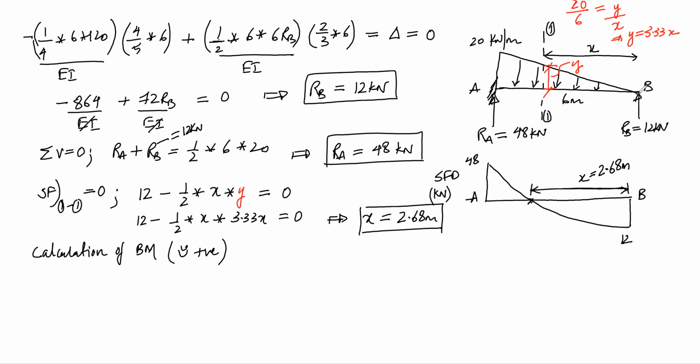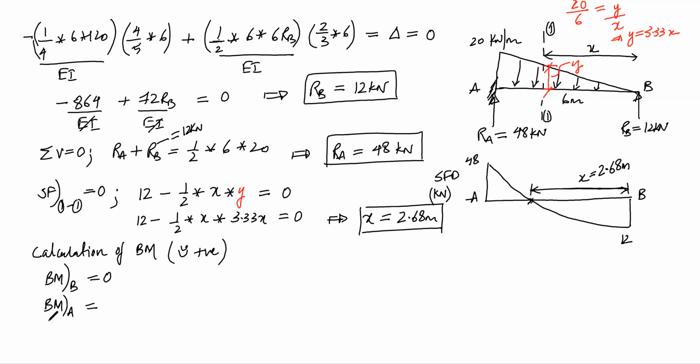So bending moment at B is equal to 0, and bending moment at A will be, I will consider a section at A. I will consider bending moments at the right side.